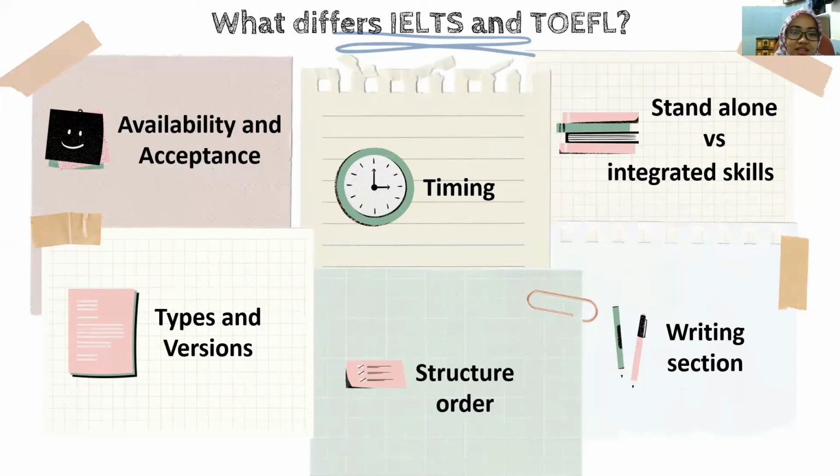The noises can also come from other students who adjust their headphones or test their microphones. And there is also more time and fewer words in the IELTS writing section, whereas in TOEFL, there are more words to write and less time to complete the section.